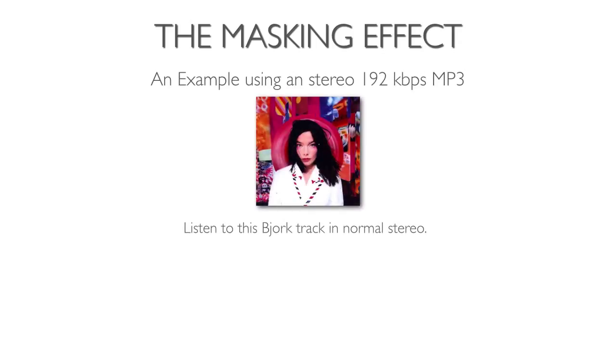So let's listen to an example of the masking effect. And in this example, we're going to hear what the MP3 distortions do to a sound wave or musical waves. You don't normally notice them because they are masked by the louder signals.